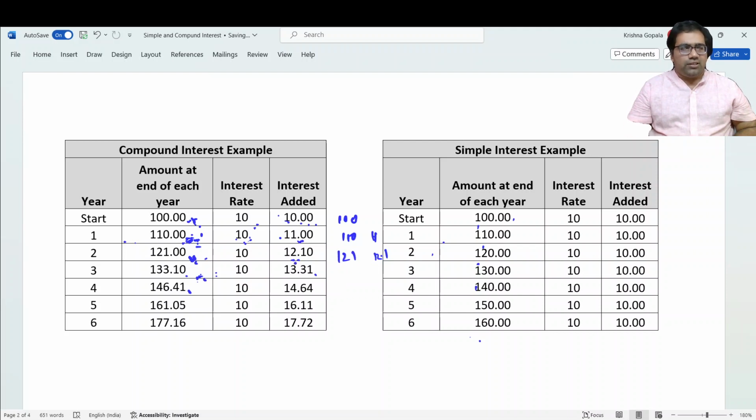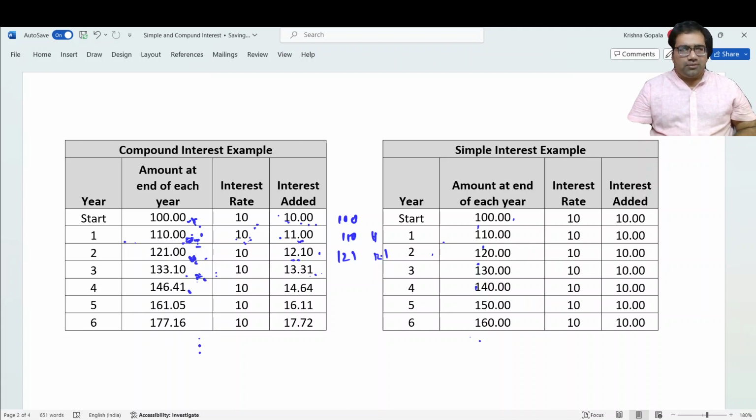At the end of third year, we add again 10% of this 121, which is 12.1. So it becomes 133.1. At the end of fourth year, we again add 10% to this 133.1. That becomes 13.3. 13.3 plus 133.1 is 146.4. Right. You'll keep on adding likewise.